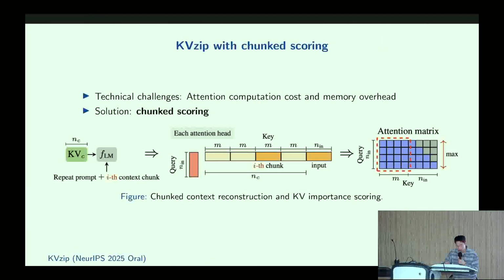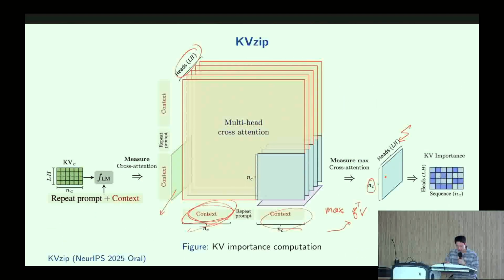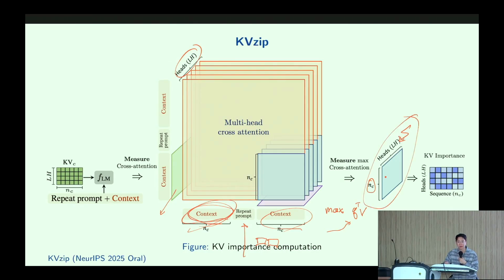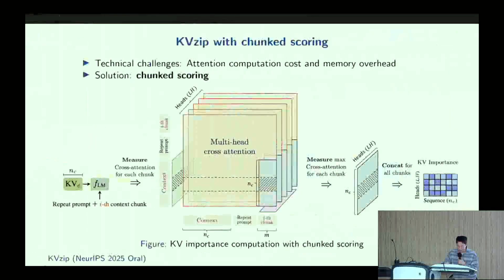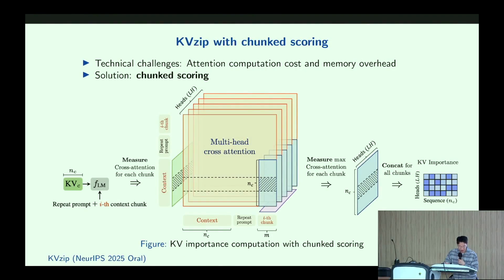So to make it practical, we give it pieces or chunks of context and use the repeat prompt to compute a submatrix of this whole matrix. And that's most of the idea.